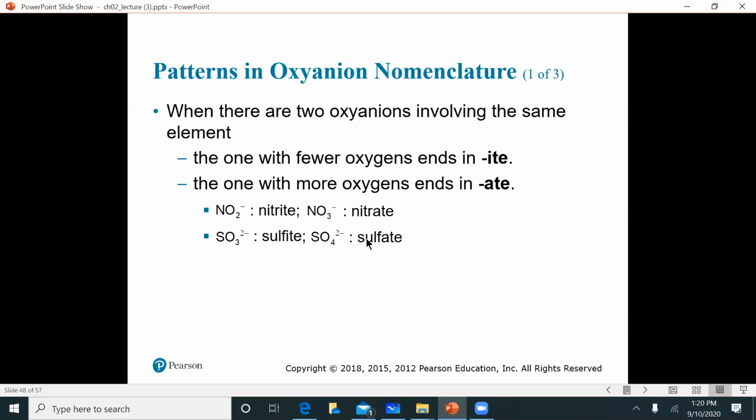Sulfate, the ate doesn't mean that it has 3 oxygens. It could have 3, it could have 4, it could have more than that. But in this case, sulfate is SO4 2 minus. If I want to go to sulfite, I strip an oxygen away, it becomes SO3 2 minus. So that's a nice way to connect your ates and your ites. Ites will always have one fewer oxygen, ates will always have one more oxygen, and the charge stays the same.